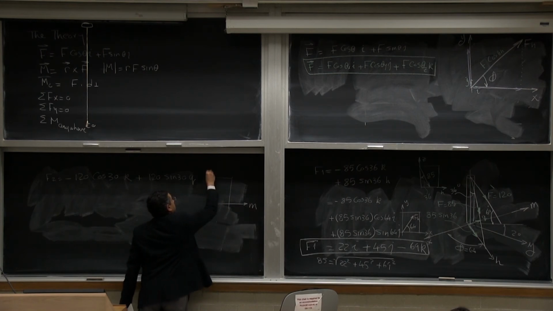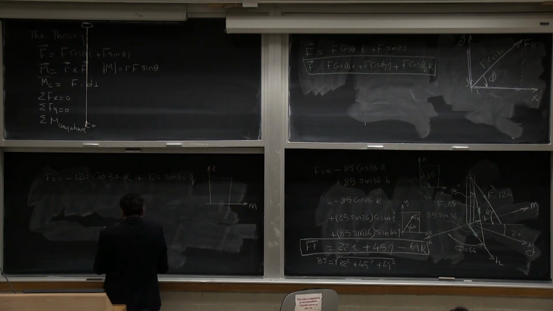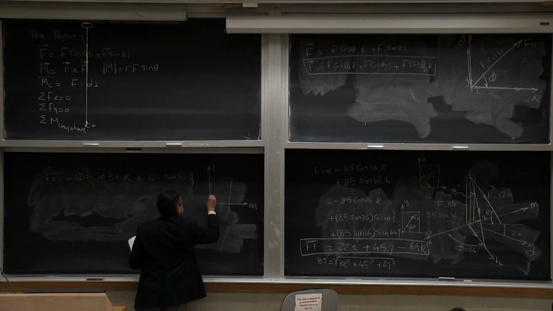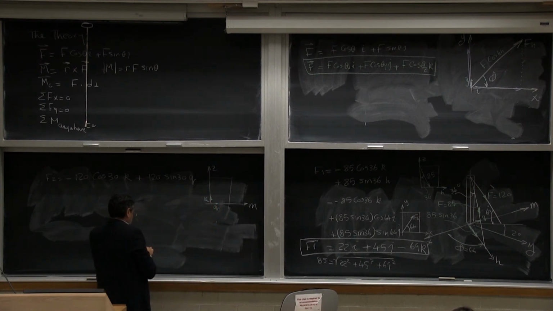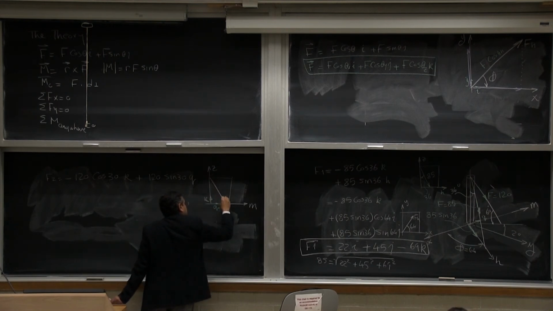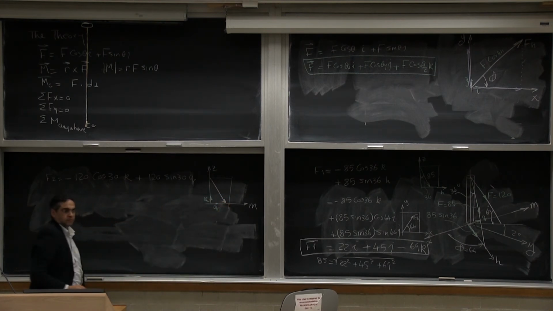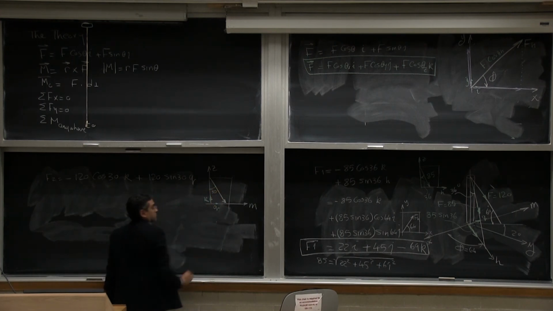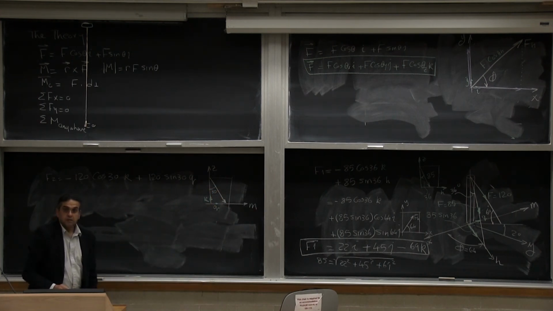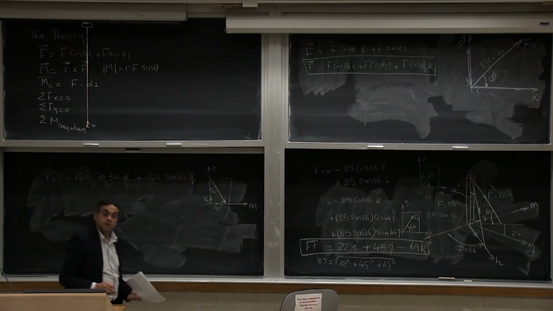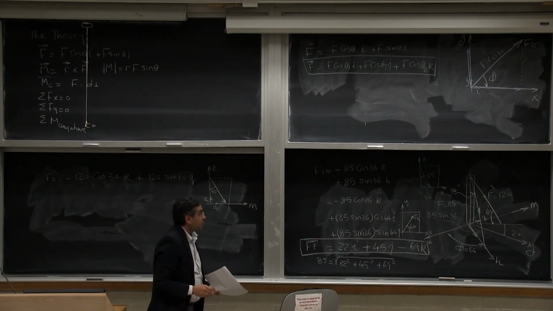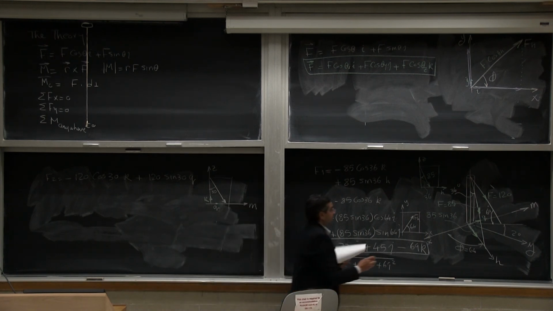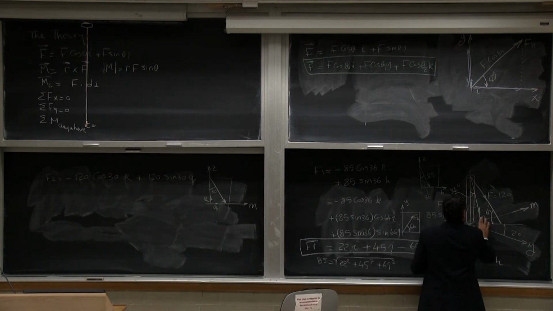This is M, this is z, this is k, this is q, and this is my force. And this angle here is 30. Yes? I think the q unit vector is on the x-axis. Yes, it should be here. You are right.